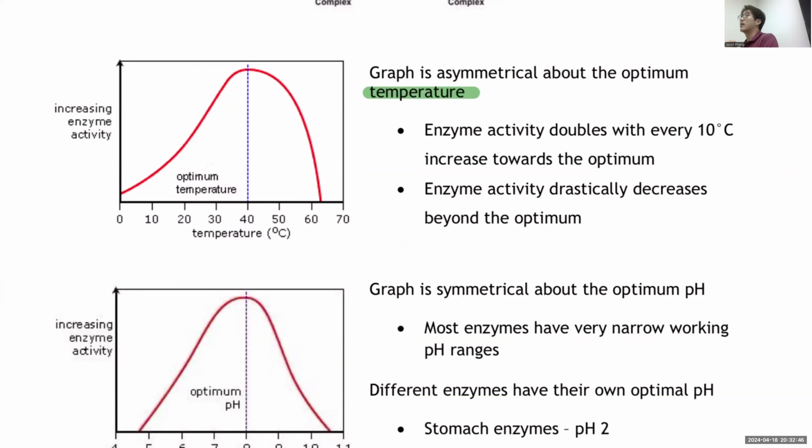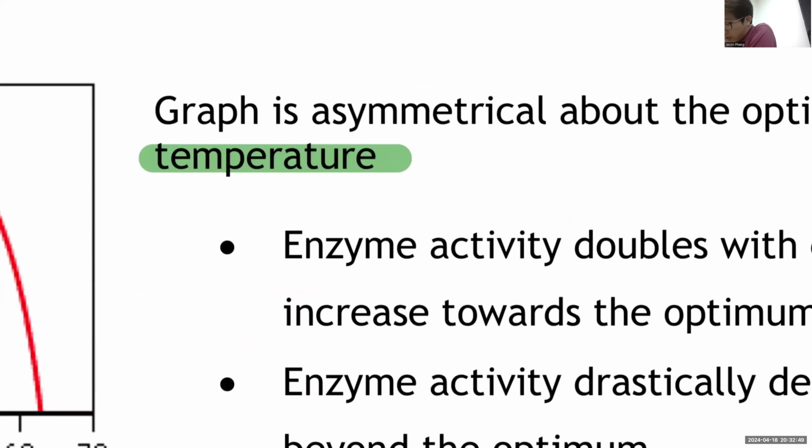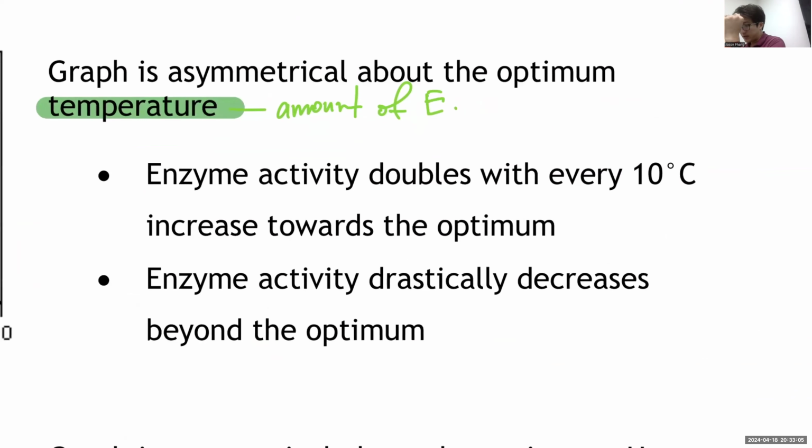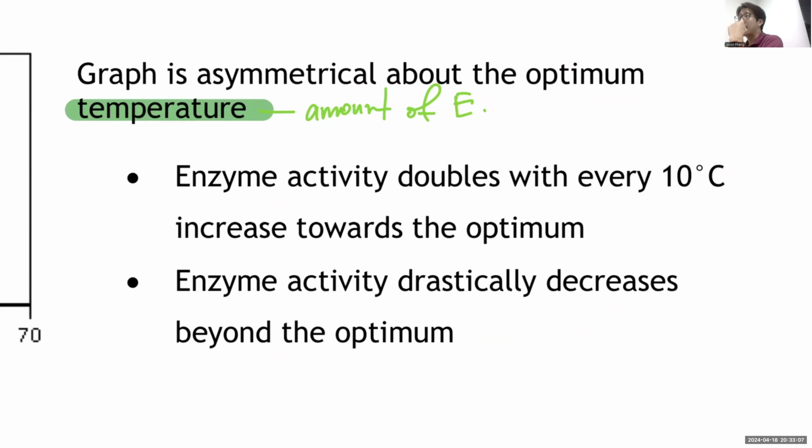Temperature. Alright, by now all of us should know, or today I will tell you, temperature is the measure of the amount of energy. The higher the temperature, the more energy you have. So if you look at point number 1, as I increase temperature, activity will increase.